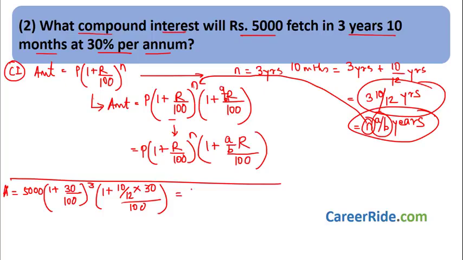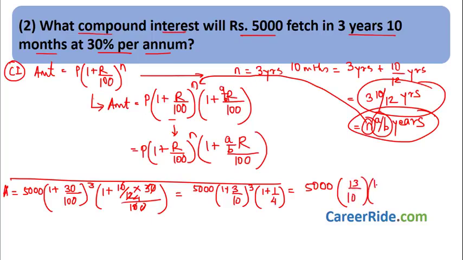We'll get 5,000 into (1 + 3/10) cubed multiplied by, over here we'll have 10 and 10 cancelled, 3 4s are 12, so 1 + 1/4. That would be 5,000 into 13/10 multiplied by 13/10, because it is a cube, 13/10, multiplied by 4 + 1, 5/4.